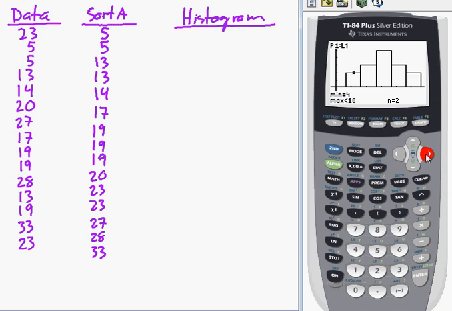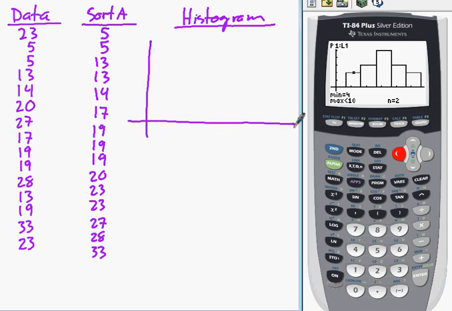And 4 to 10, 10 to 16, those intervals of 6. So I can come over here and I'll just make a quick sketch of that. So it looks something like this. Nice and symmetric. And that's our basic data.